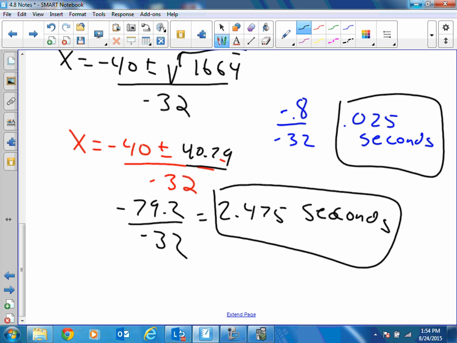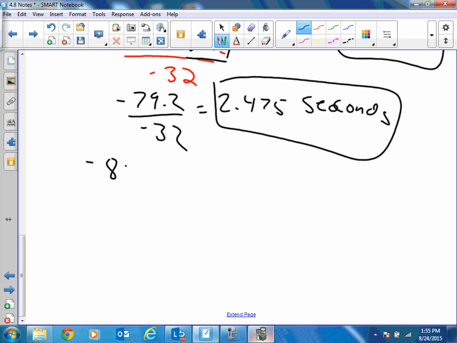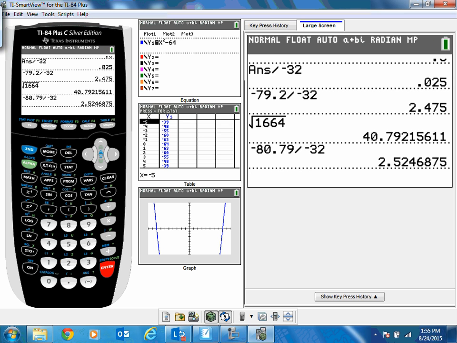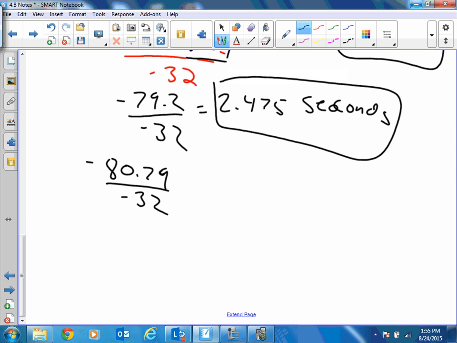So the only answer, so if you do negative 40 minus 40.79, you get negative 80.79. You divide that by negative 32, you end up with approximately 2.5 seconds.